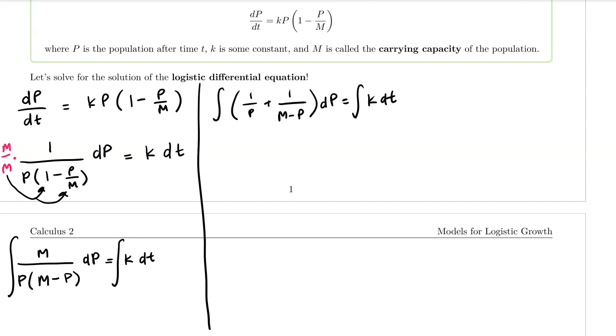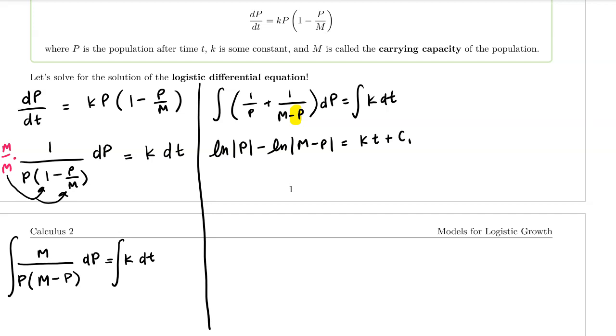Now, if we integrate both sides, the left-hand side, I will get the natural log of the absolute value of P. And remember, our variable here is P, so if I were to use u substitution there, because there's a negative, I'm going to have minus the natural log of the absolute value of M minus P. And then the right-hand side is going to equal kt plus some constant, C1.